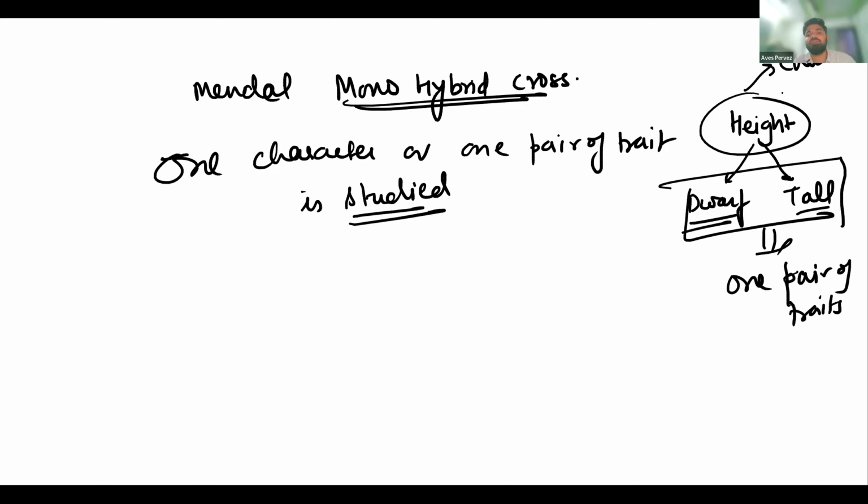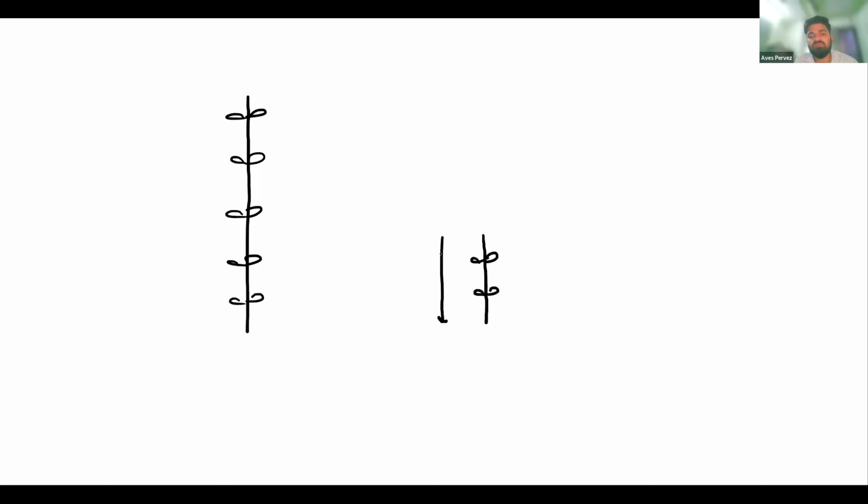So what did Mendel actually do? In the monohybrid cross, Mendel took two plants: one tall plant and another dwarf plant. He took a pea plant which is approximately 6 feet high, and he called it homozygous tall. Another one was a 1 foot plant, and this one is 6 feet.